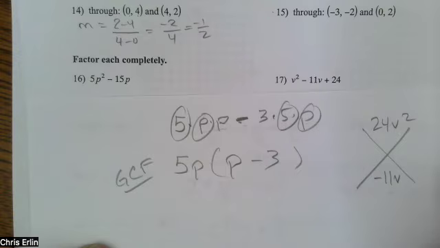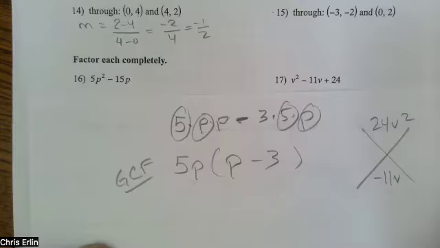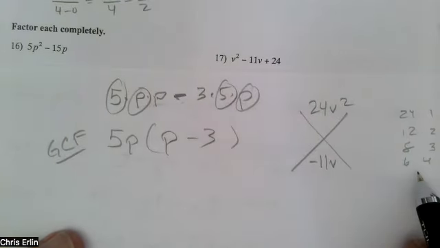What are those numbers? Let's see, 24 could be 24 and 1, 12 and 2, 8 and 3, 6 and 4. And then when I go down one more, I'm at 4 and 6, which is the other side to it.